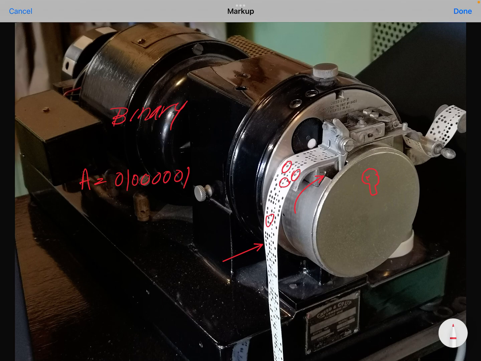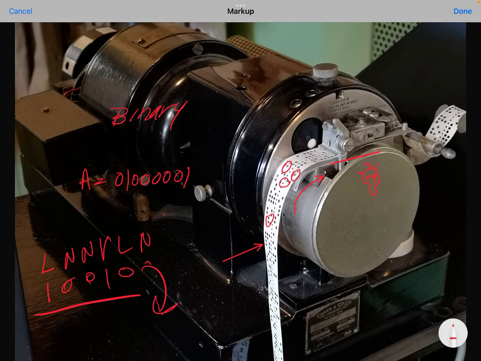Usually they had a little lamp inside here. When the tape goes over the lamp, wherever there's a hole, the light comes out, and if there's no hole, the light does not come out. This is how you read it. For example, light, no light, no light, no light, light, no light could mean 0 0 1 0 1.